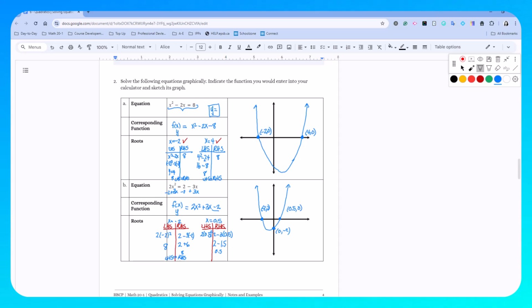And 2 times 0.25 over a quarter, that's back to a half. So the left-hand side also equals the right-hand side in this. So notice that the x-intercepts are indeed the roots of the equation. Let's keep going.